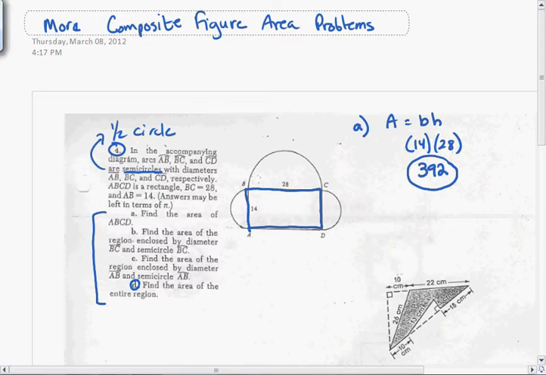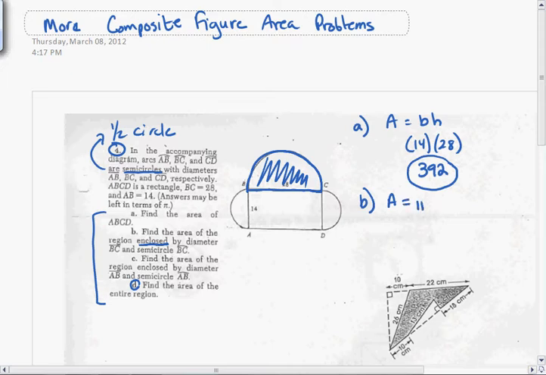Now let's see, B, find the area of the region enclosed by diameter BC and semicircle BC. Enclosed means inside, like there was a fence that included BC and arc BC. So what's the area enclosed? The area inside that figure, which is half a circle. So because it's half a circle, I'm going to use the area formula for a circle.